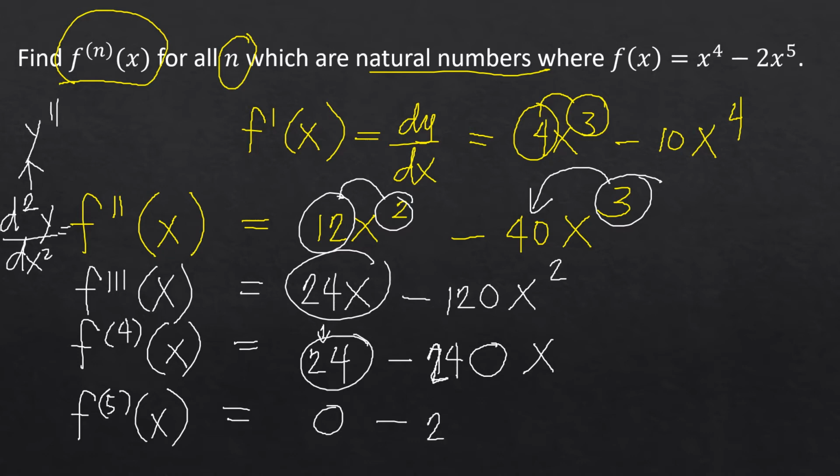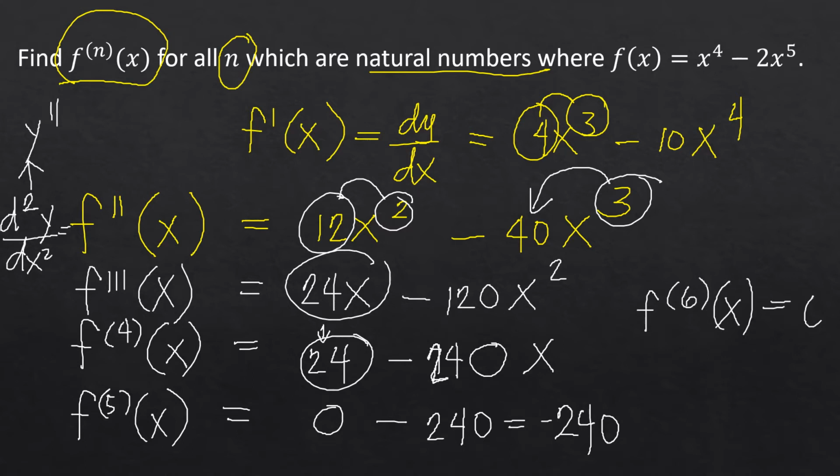So this is minus negative 240, I mean 240. And if we get the sixth derivative of that, it will give us 0 now. Because the derivative of a constant is already 0. So ibig sabihin nito, 0 lagi ang derivative sa lahat ng n greater than or equal to 6. So, kapag dinifferentiate mo ulit, 7th derivative, 0 pa rin ang magiging sagot.